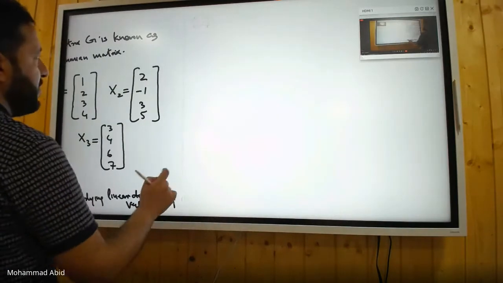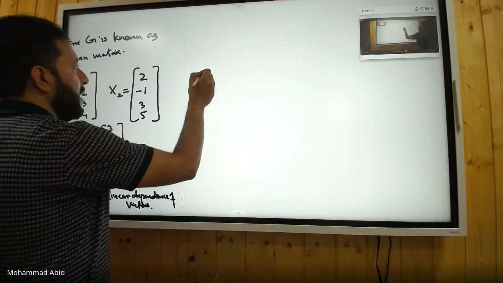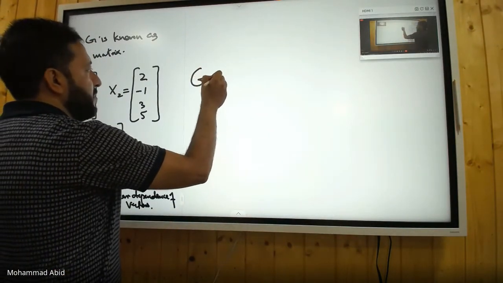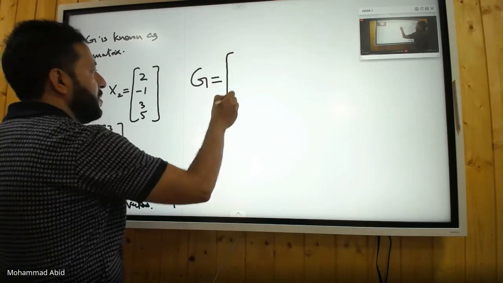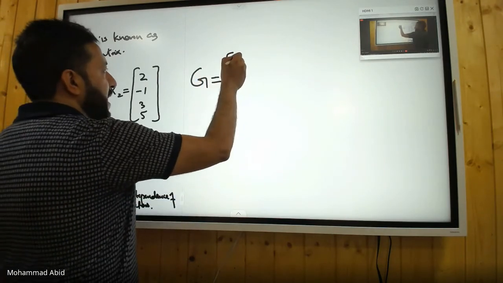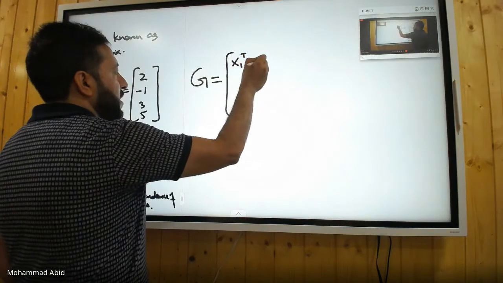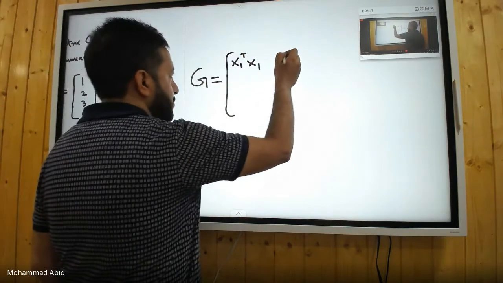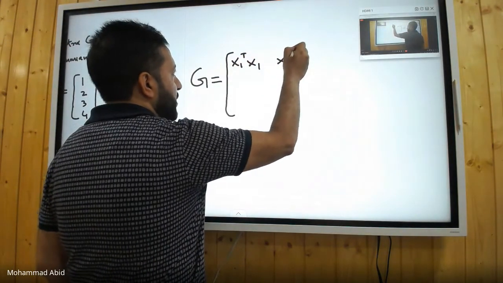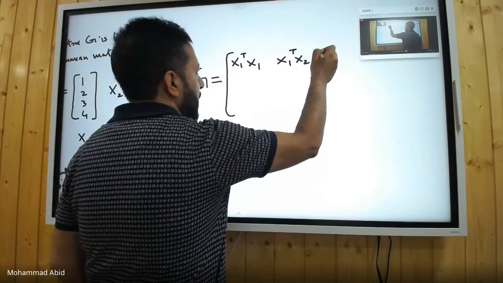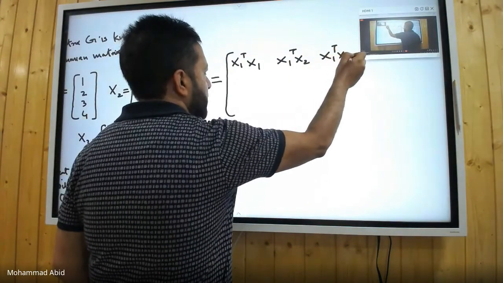I make a Gramian matrix. I define a Gramian matrix. And what is the composition of the Gramian matrix? It's like this. x1 transpose x1, x1 transpose x2 and x1 transpose x3.